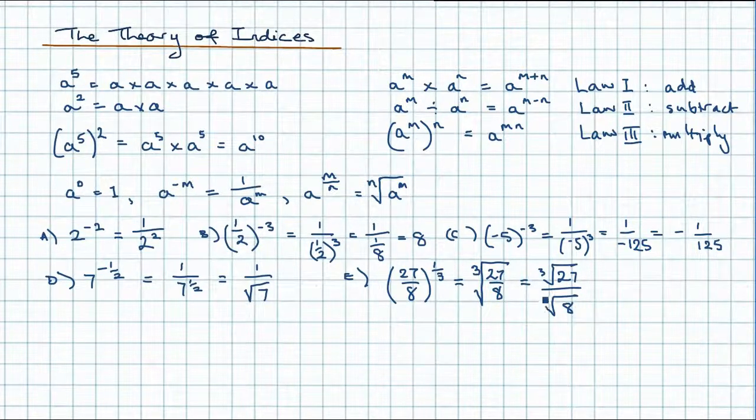And now if you're not sure how I can do that, just check out the surds video where we'll look at those kind of operations where we're now rooting both top and bottom. And then we can resolve this. The cube root of 27 is simply 3, because 3 times 3 times 3 equals 27. And the cube root of 8 is 2, because 2 times 2 times 2 equals 8. So we end up with 3 over 2, or 1.5.